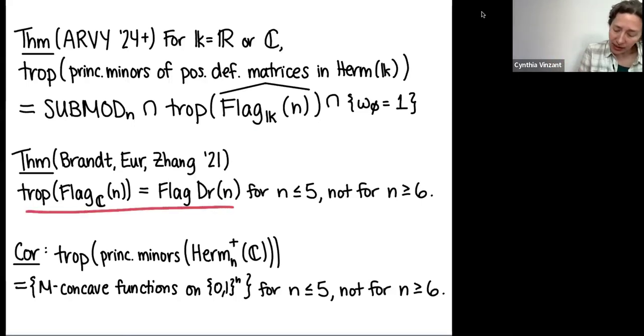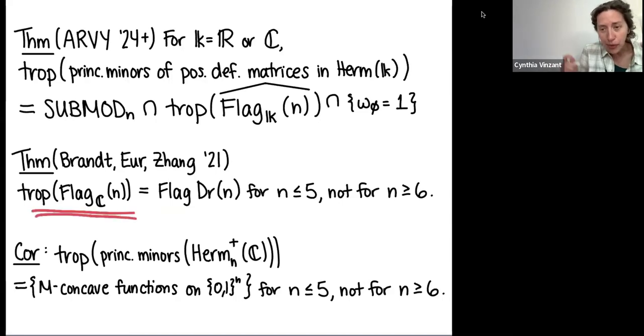They showed that these were equal when n is equal to 5, but not for n equals 6 and up. So one can think of this as the analog of valuated matroids, and this is the analog of representable valuated matroids.